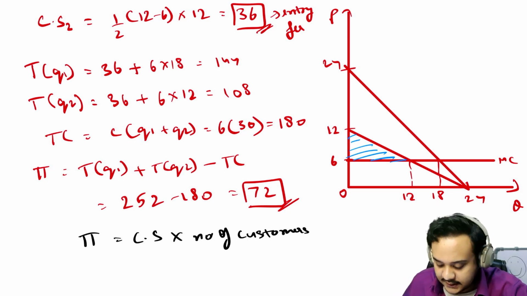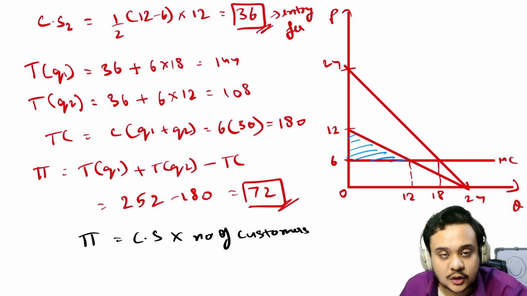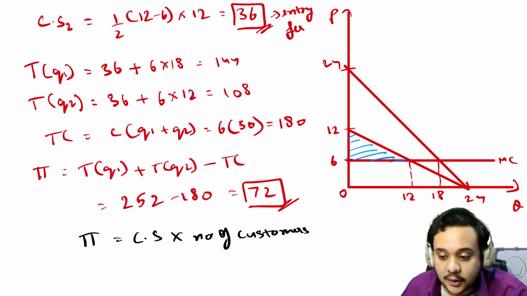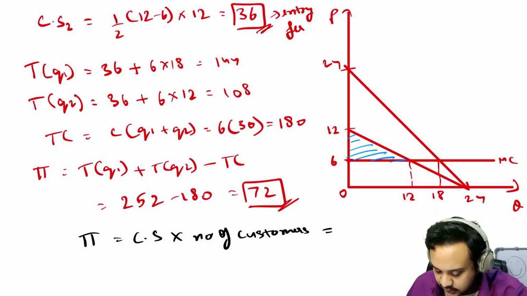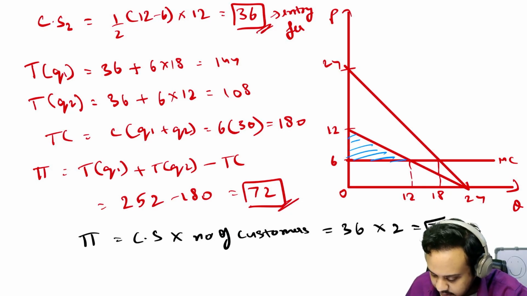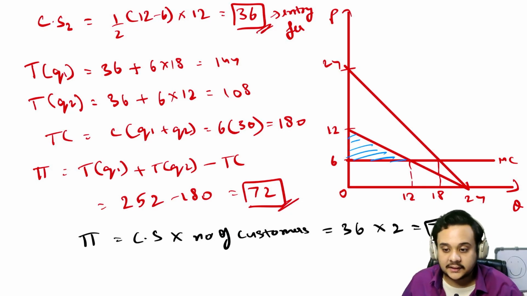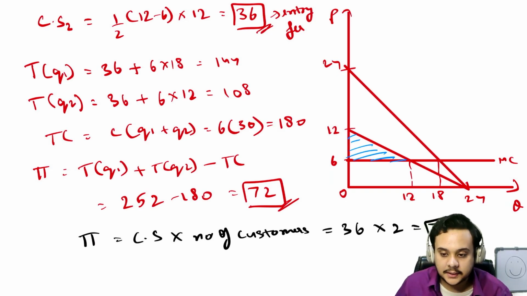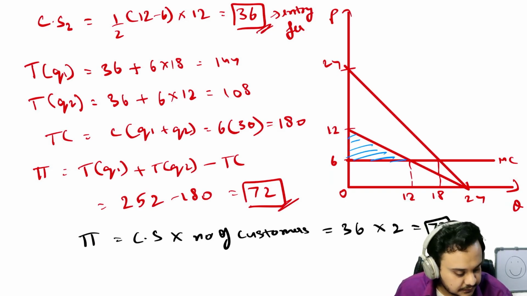You can just write the profit is the consumer surplus multiplied by number of customers. The consumer surplus was 36 into 2, which is 72, which gives us the exact same answer. Very easy.